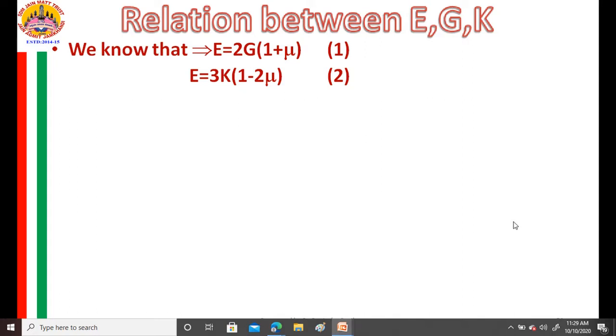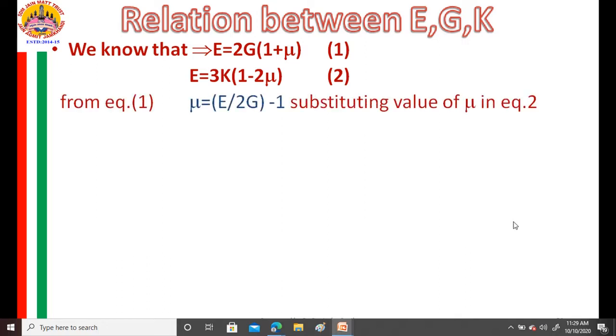How you can do it is: calculate the value of mu from the first equation in terms of E and G, and substitute it in the second equation, so that mu will be eliminated and you will get the required relation.